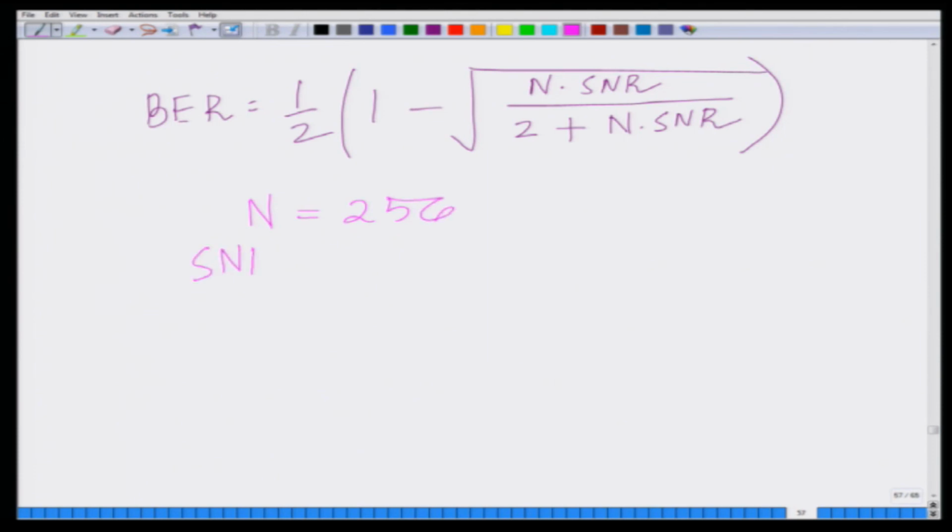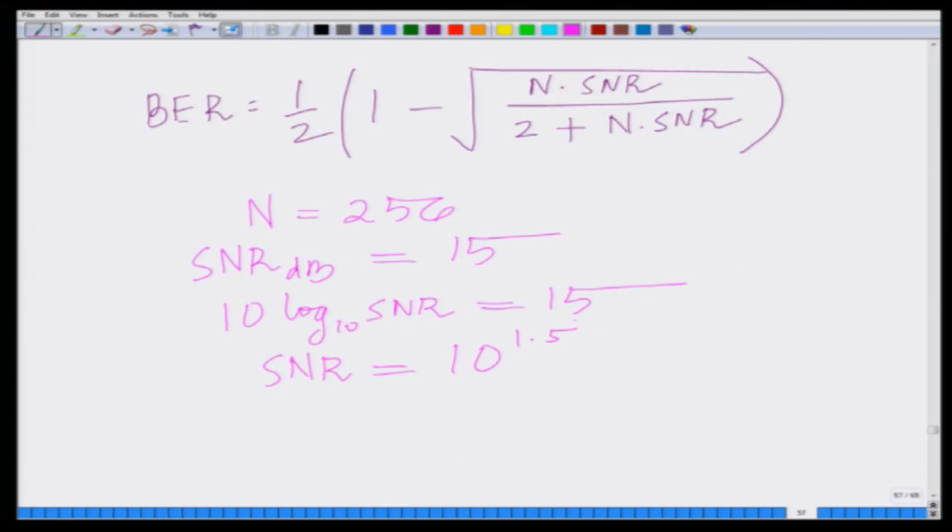My SNR in dB equals 15 dB, which means 10 log 10 SNR is equal to 15, which means SNR is equal to 10 to the power of 1.5, which is equal to 31.623 approximately.